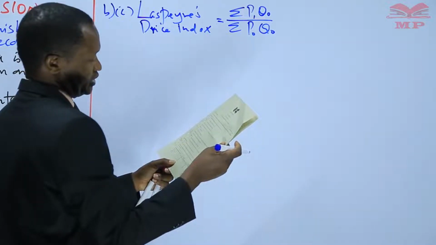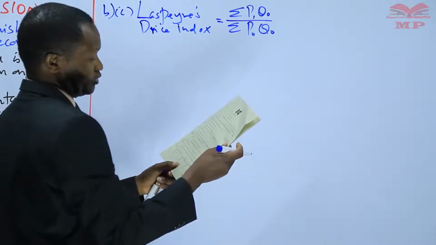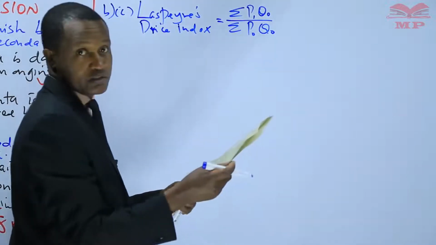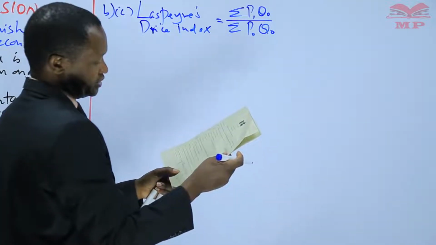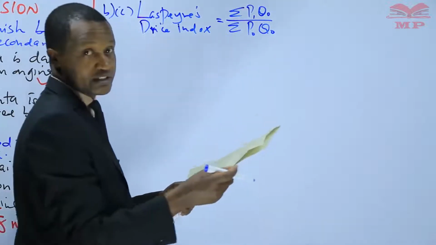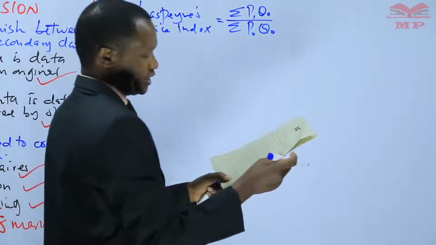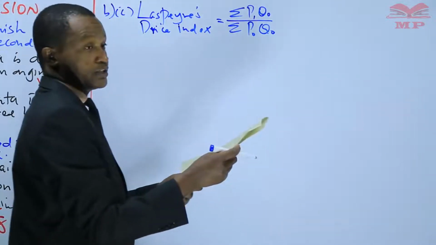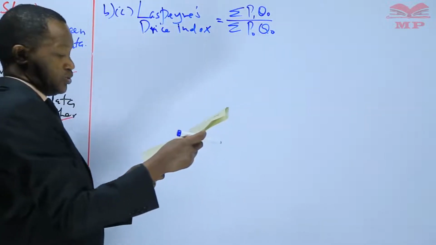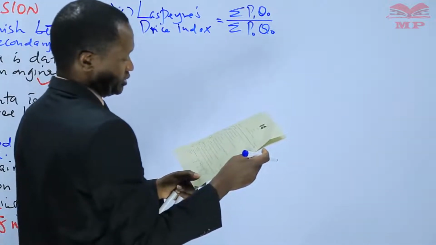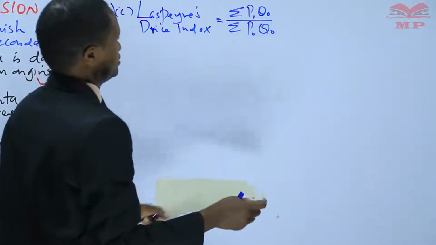The 2017 prices will be P0, then quantities for 2017, that is Q0. For the year 2018, the prices shown there are the current prices, P1, and the quantities for 2018, Q1.